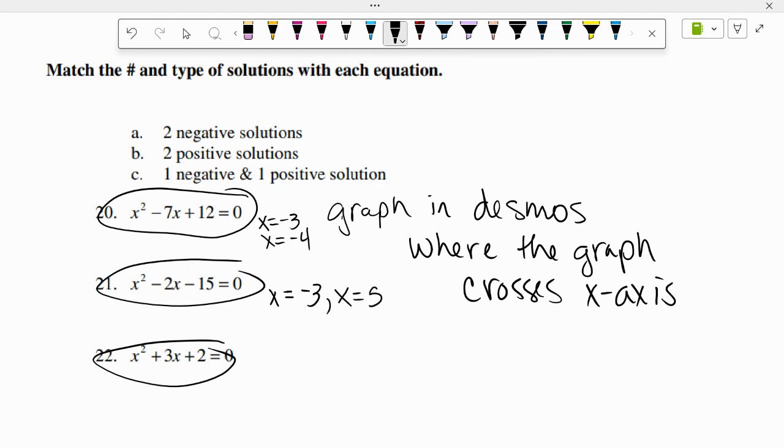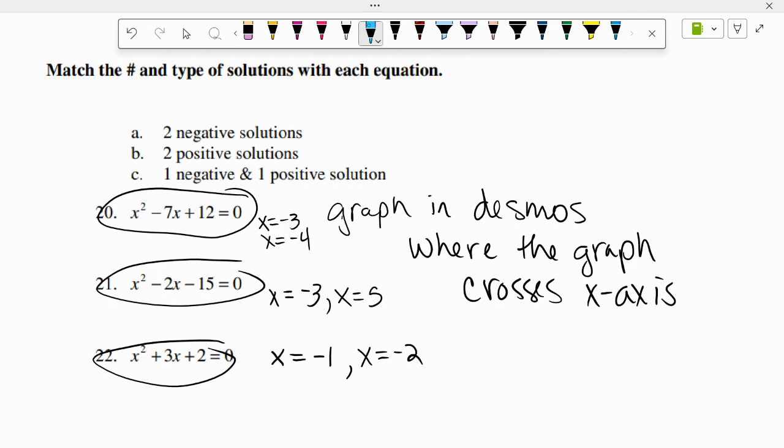And then my last one, y equals x squared plus 3x plus 2, when I put it into my table, I see that it has an intercept of -1 and -2.